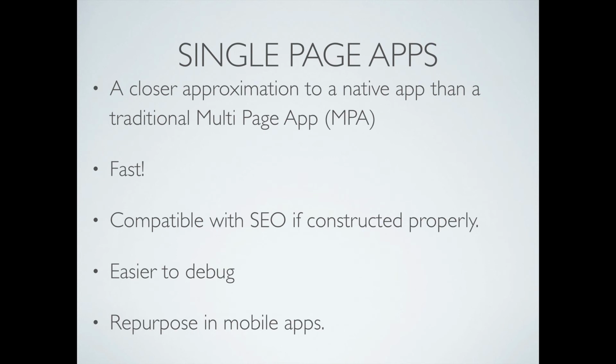So if you want to have a system where you have an app in a browser and you also have an iOS app and an Android app, those apps are just providing different views to the same data, so you can reuse that back end. And it's much easier to do that than if you write a full-fledged Express or Rails app and then want to make a mobile version. You end up rewriting a lot of your back end.